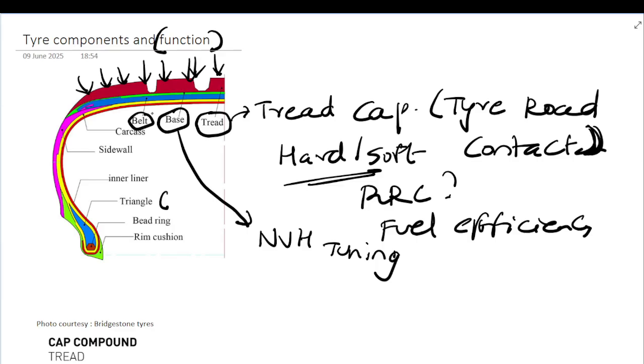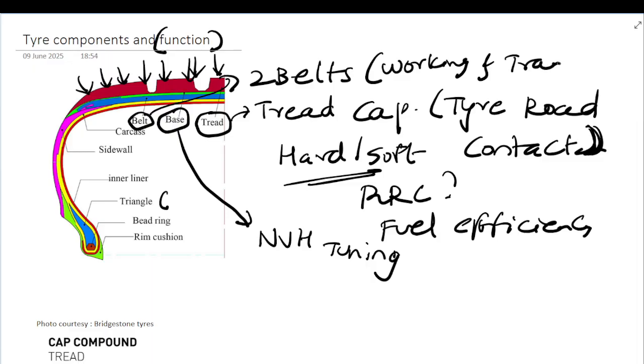And then we have belt layers. Usually there are two belts in a car tire: one is a working belt and the other is a transition belt. The working belt takes the load and transmits it to the transition belt, from where this load will go to the carcass.